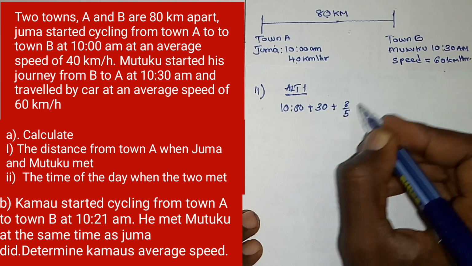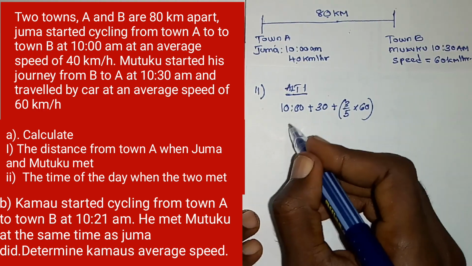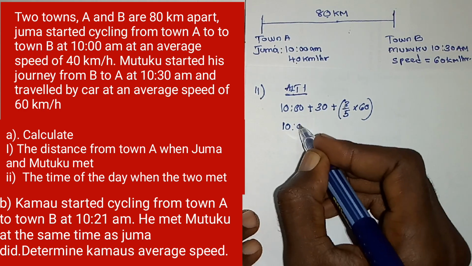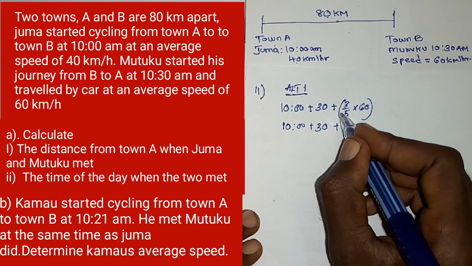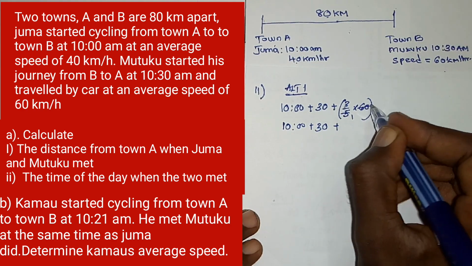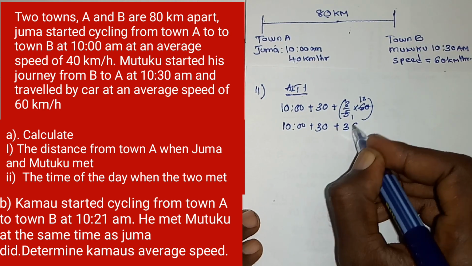If we change into minutes, we multiply by 60. 3 times 12, we get 36 minutes.